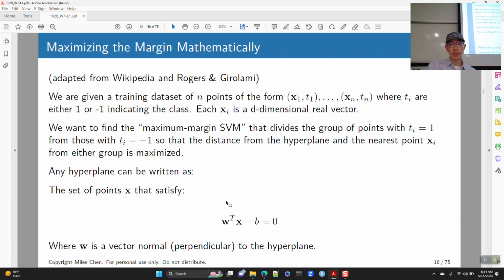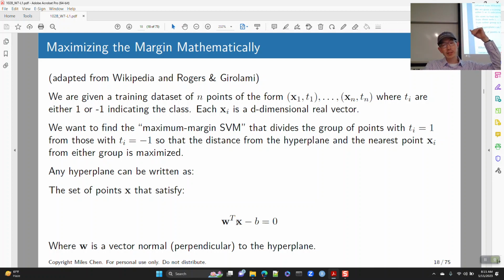And in our case, we have these 3 support vectors, and all 3 of them have the same distance there, right? So that border is going to be defined by some vector w. w is a vector that is perpendicular to that hyperplane, right? And we're going to try to find it where w transpose x minus some constant b, set equal to 0, defines a set of points.